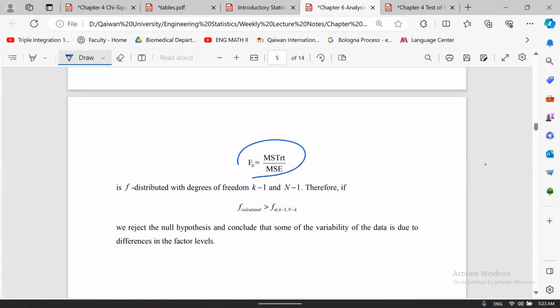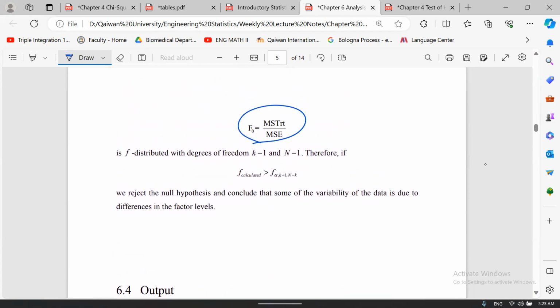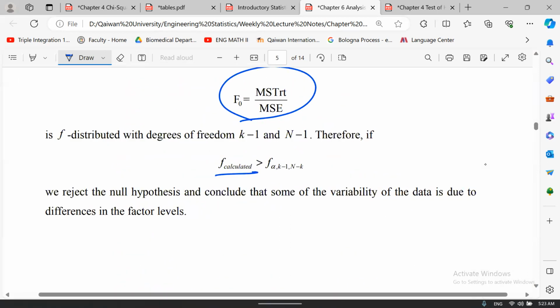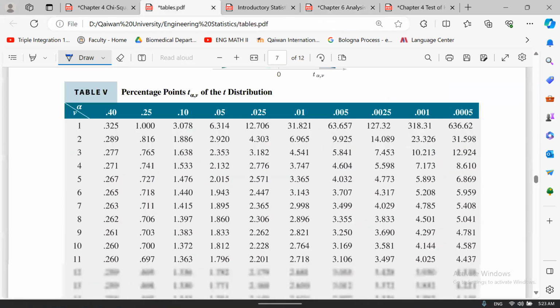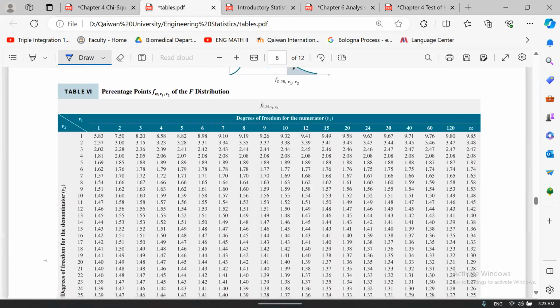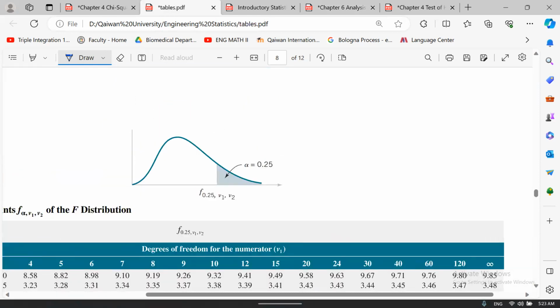That's an F naught is this one. This F naught and also F calculated, you could say. We say if F test or F calculated is greater than F from the table, from these tables. Here we have different tables for F. It depends on alpha.